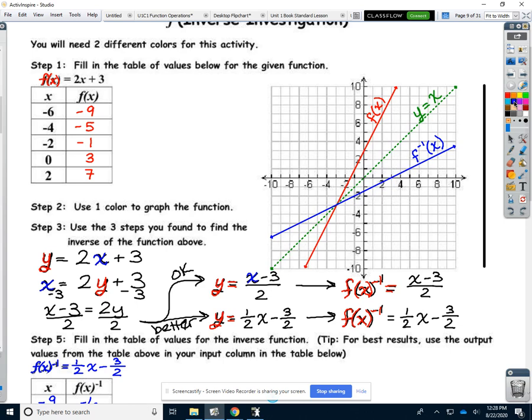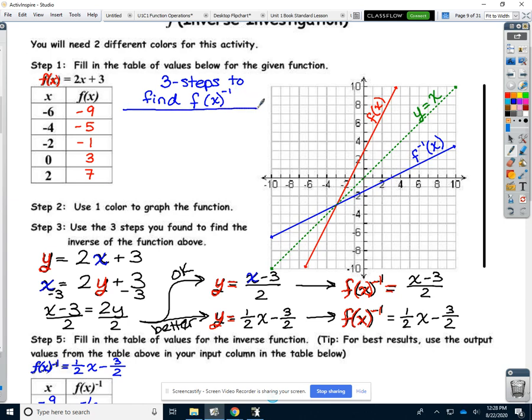So the 3 steps, in case you do not recall, 3 steps to find the inverse of a function. And sometimes I actually put that little one there. It should be f of x to the -1.